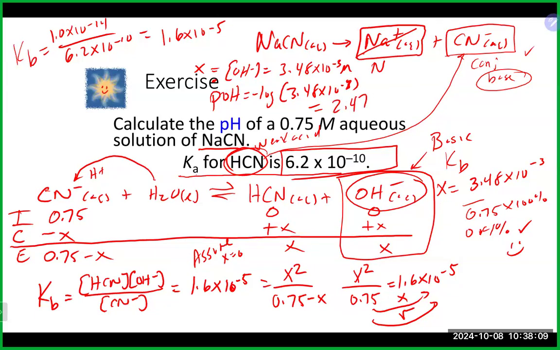Remember again that that is your pOH. So our pH would then equal 14 minus our 2.47. And that's going to give us a more basic pH that we're looking for of 11.53 in this case. Any questions on that there?